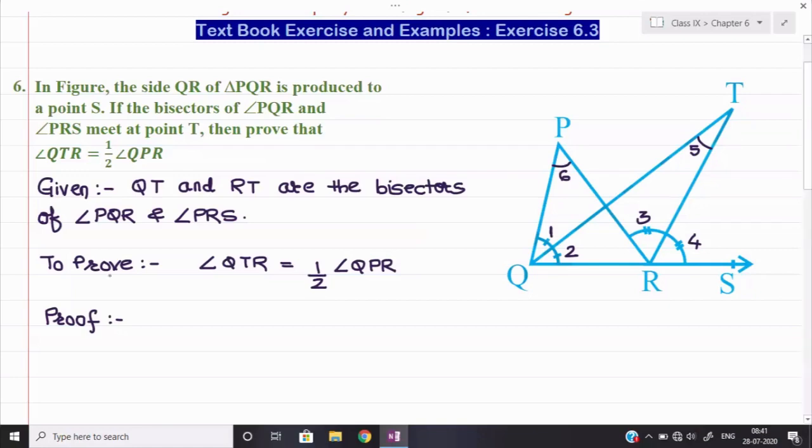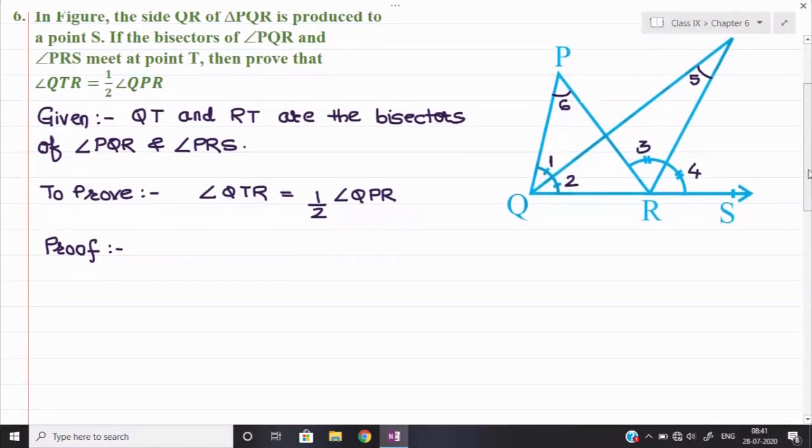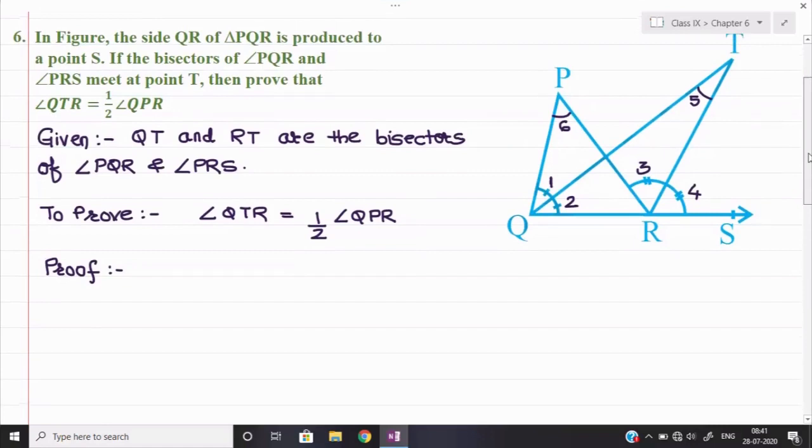Okay, so now see, as I told you in the beginning, you need to look at one triangle at one particular time. Okay, so please see that particular triangle only. Before that, we shall do one thing. See, it is given that QT and RT are the bisectors. So see, QT is bisecting. Observe the line QT.